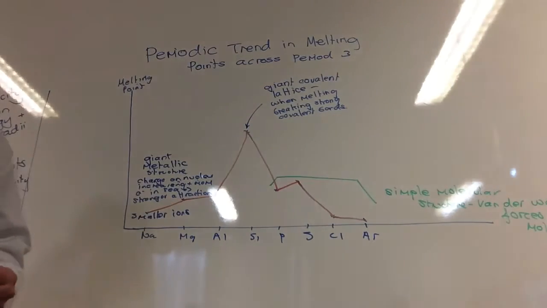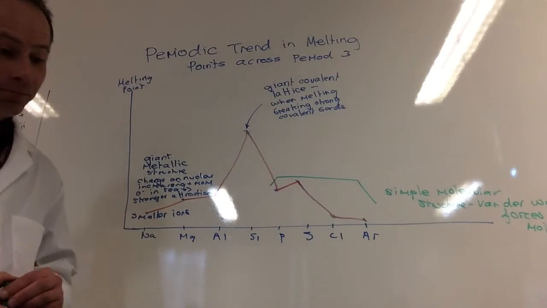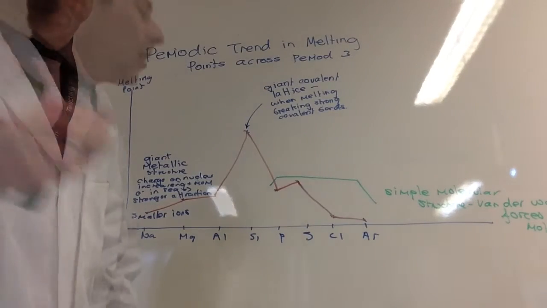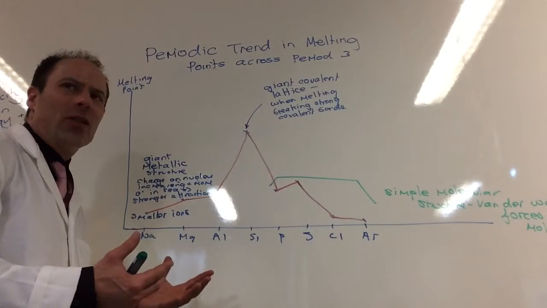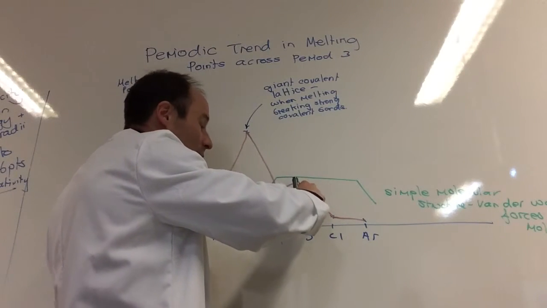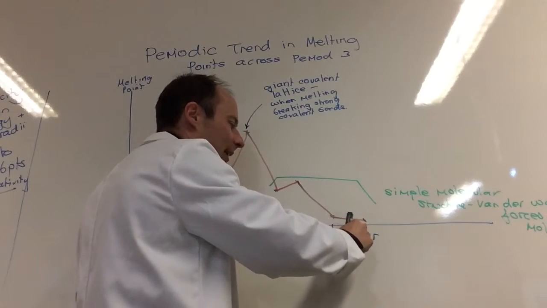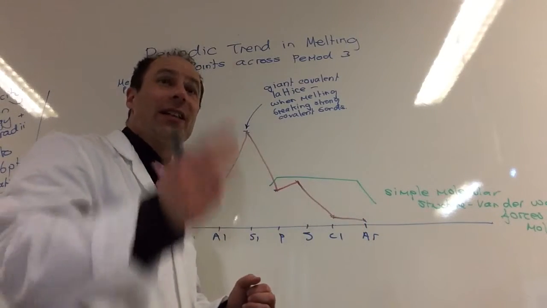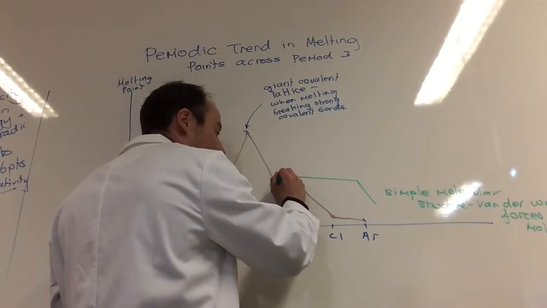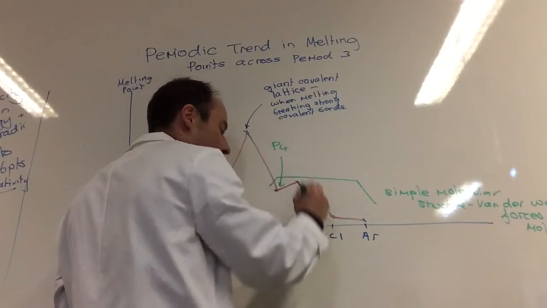P4. But why do I see that trend? Why do I see phosphorus, then it goes up to sulfur, then down for chlorine, and then down to argon? You have to consider... Yeah, it's because the sulfur molecule's larger. Yeah, cool. So that is P4.